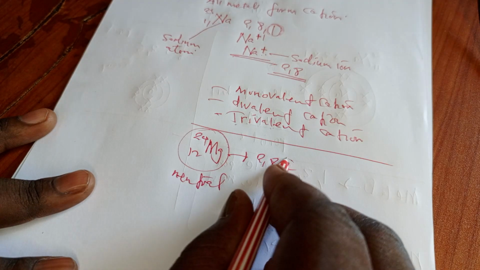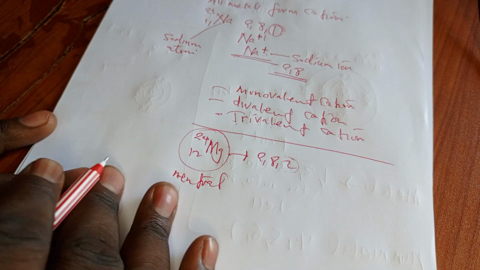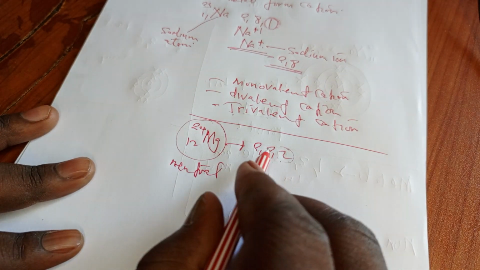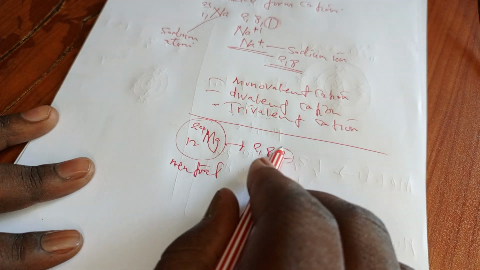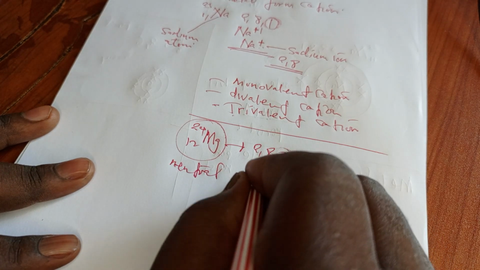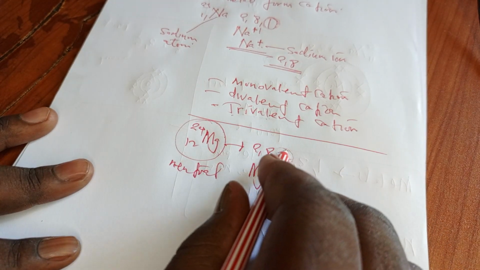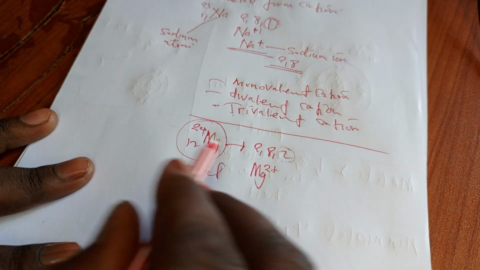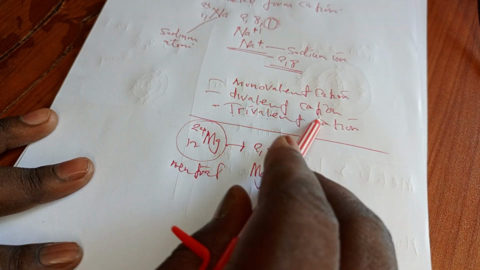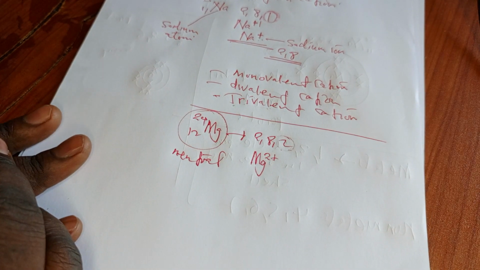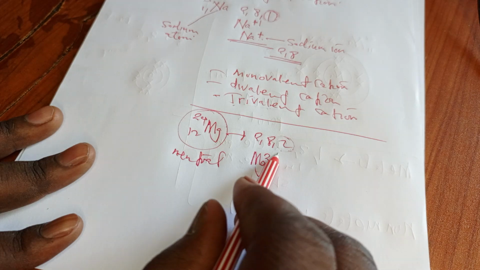The last number shows that it's in group 2 of the periodic table. It lost 2 electrons, so this outer electron is supposed to be lost. So we have magnesium 2+, which means the 2 electrons were lost. Since it lost 2 electrons, it is a divalent cation. So don't forget, magnesium will lose 2 electrons.